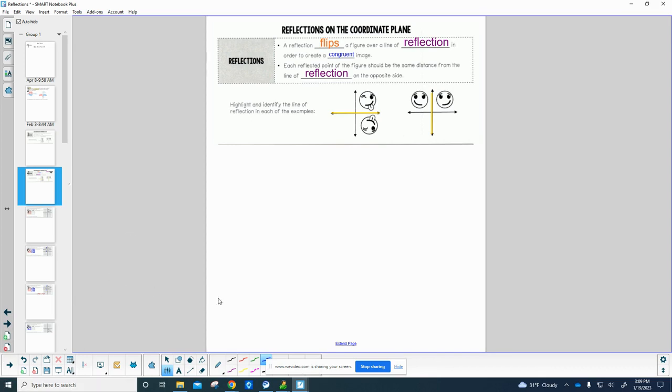For example, in these little pictures down here, I've got the line of reflection highlighted in yellow. If you see these little eyeballs on this smiley face, this eyeball is so many units above the x-axis, and on the reflection, it's the same number of units below the x-axis, which is the line of reflection in this particular case.